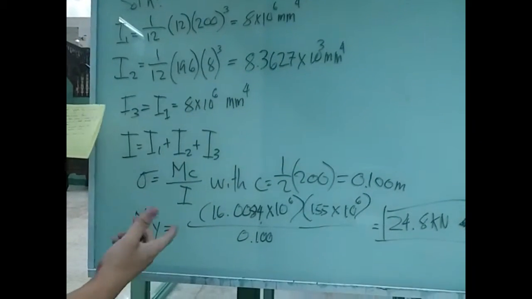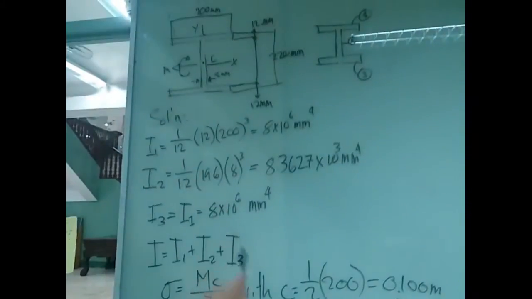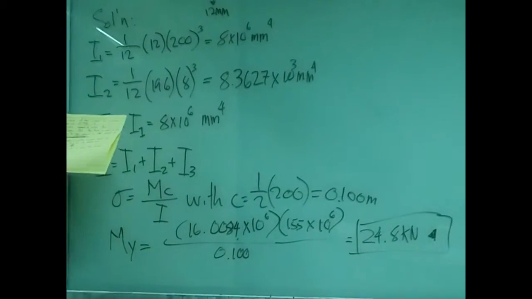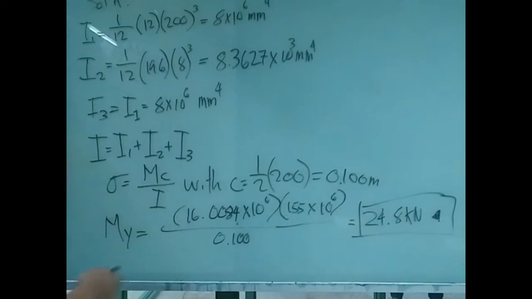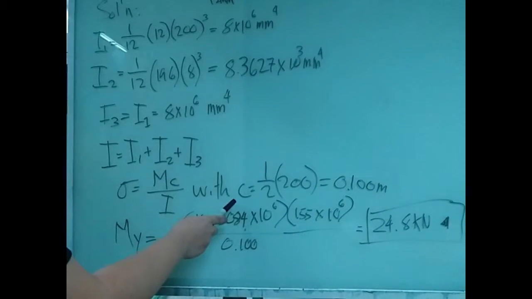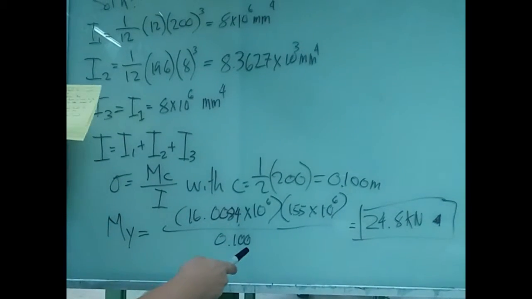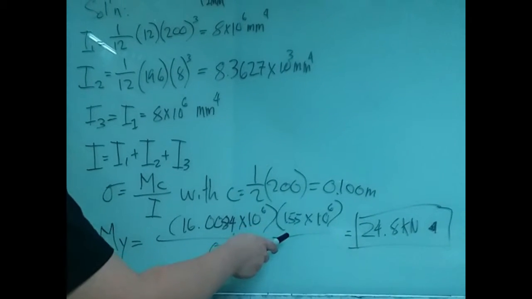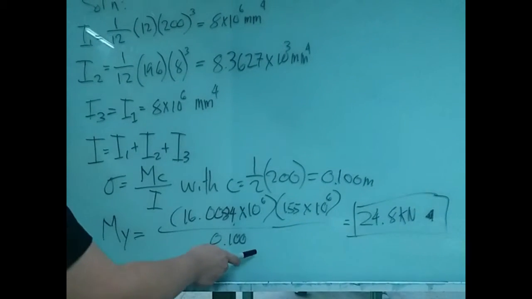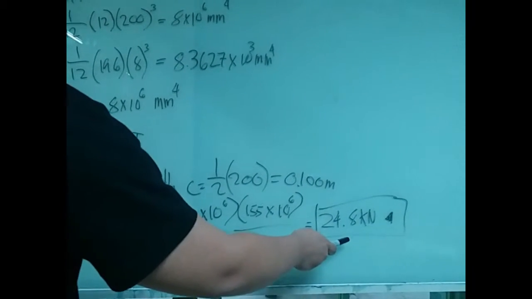So C is equal to 1/2 of the given height. 200 over 2 is equal to 0.100 meters. So M is equal to 16.0084 times 10 to the 6 times the given allowable stress, 155 times 10 to the 6, over 0.100, and we will get the value of 24.8 kilonewton.